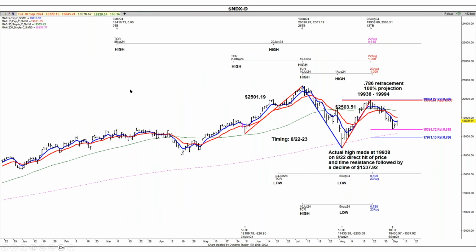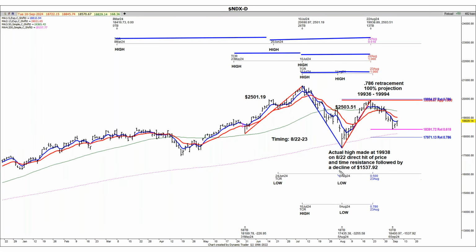Okay, here's another example of timing. This was in NASDAQ cash. Here, I had a prior high to high swing. August 22nd came in with a 618 in time. We had another high to high, August 22nd, 100% in time. Another high to high, 100% came in August 23rd. A low to a low, 50% in time came in August 23rd, and a high to a low, this high to this low, 786 came in August 23rd.